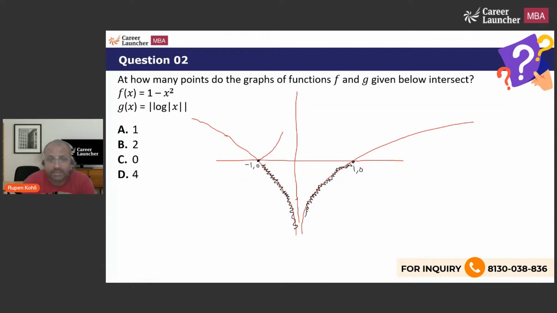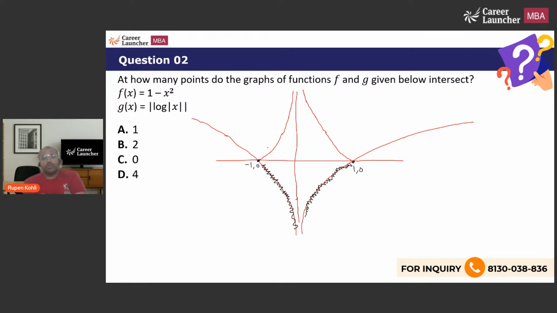Means the same magnitude of value will be replicated, but on the positive side. That is the job of modulus, to convert the negative value to the positive value. Mod of minus 5 is 5. So whatever negative value is there, the same magnitude of positive value will be generated. So now this is the graph of mod of log of mod x, right?